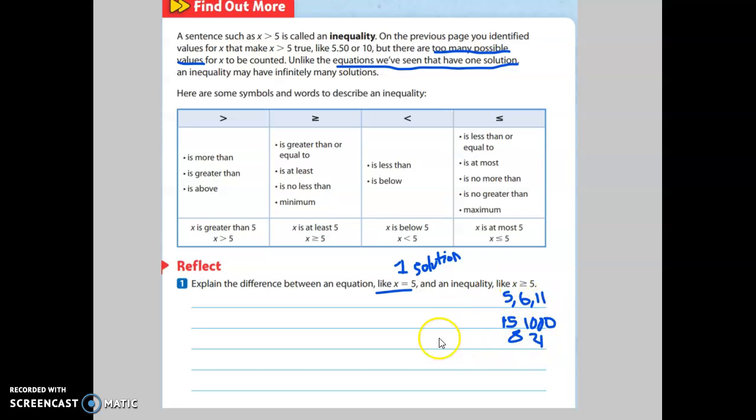It has so many solutions. This has one solution. So an equation is always only going to have one solution. And an inequality can have many, many solutions. All right? I hope that makes sense.